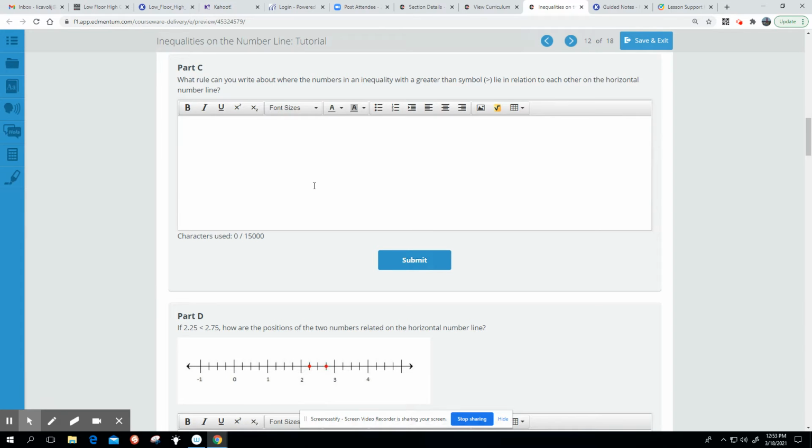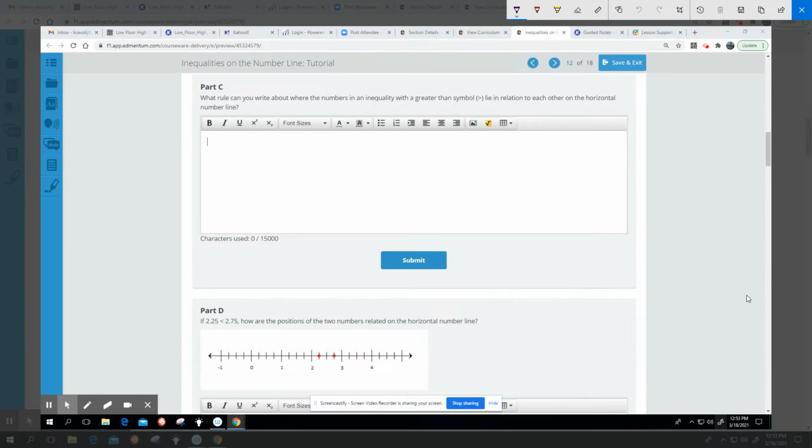Part C says, what rule can you write about where numbers in an inequality with a greater than symbol lie in relation to each other on the horizontal number line? So if we're looking at an inequality that uses a greater than symbol, let's actually pull that up here.